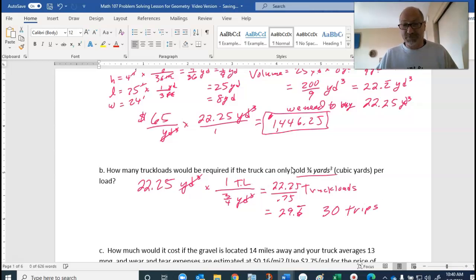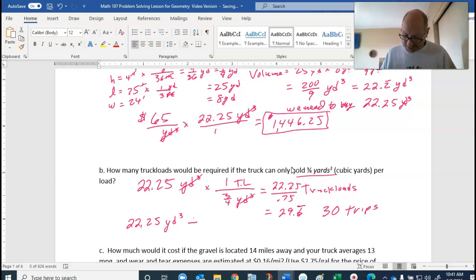No doubt about that. Now another way to look at this division is, if you have to haul 22.25 cubic yards, it's like there's a pile out there, and you're going to bring 3/4 of a yard, then another 3/4, then another 3/4, and kind of chip away at this. I need a total of 22.25 cubic yards, and I'm going to get a little bit at a time, over and over. How many times would you be doing that?